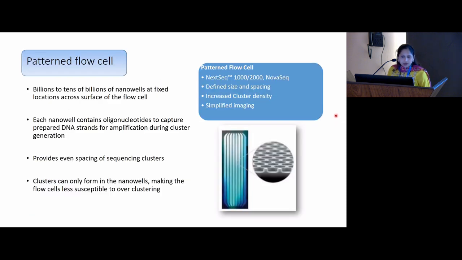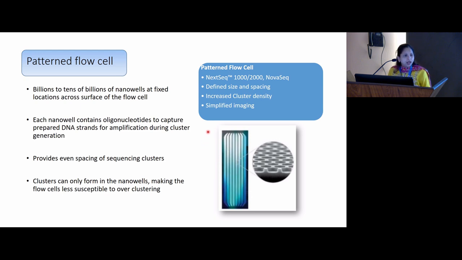Now in Illumina there are 2 different types of flow cells available. One is patterned flow cell and one is random or standard flow cell. In patterned flow cell there are billions and tens of billions of nanowells that are in fixed locations across the surface of the flow cell. Each nanowell contains oligonucleotides that capture the prepared DNA strand for amplification, and it provides even spacing for sequencing clusters.